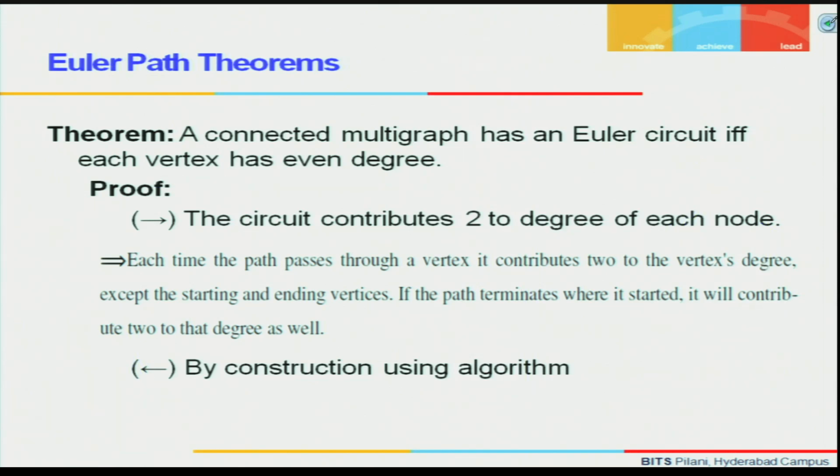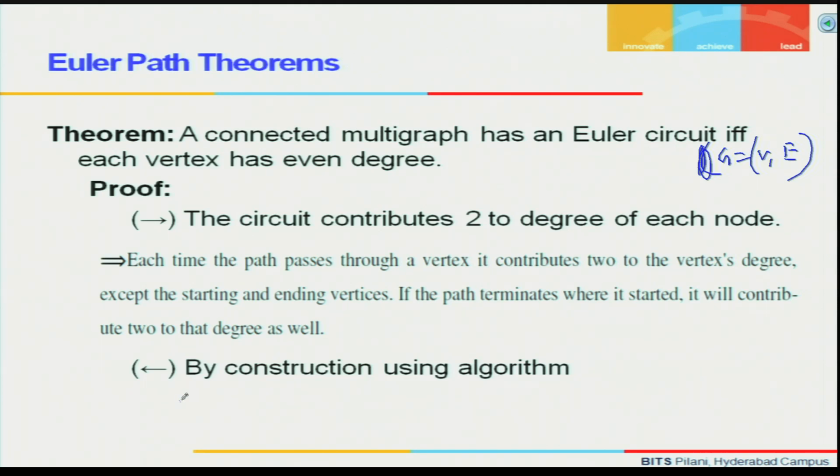And we will see one portion of it, that is, suppose the given graph has Euler circuit, then we can prove each vertex has even degree. Suppose you have got a graph G, and what does it mean by saying it has got a Euler circuit?